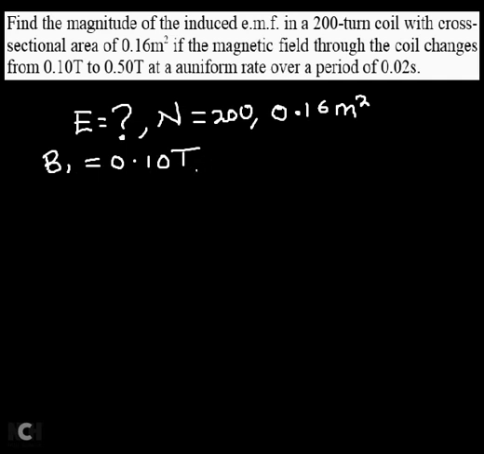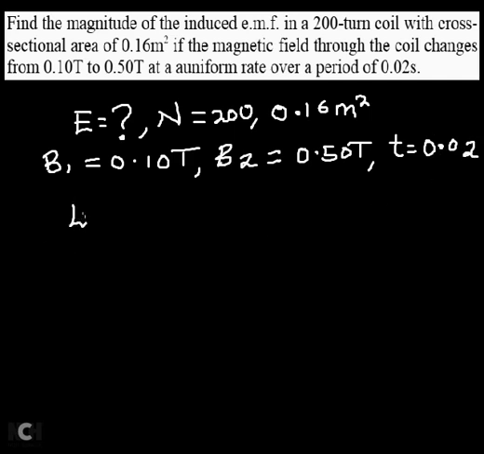B1 being equal to 0.10 Tesla, then B2 equal to 0.50 Tesla, at a uniform rate over a period of 0.02. The time is 0.02.